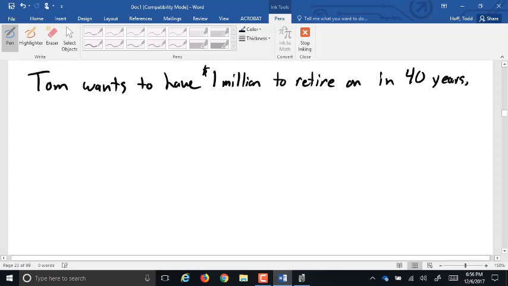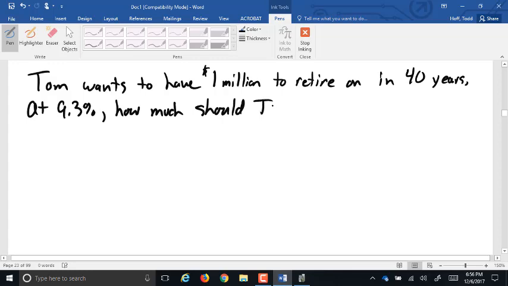So that'd be Tom starting out at 27. At 9.3%, how much should Tom put away each month? How much should Tom invest each month?